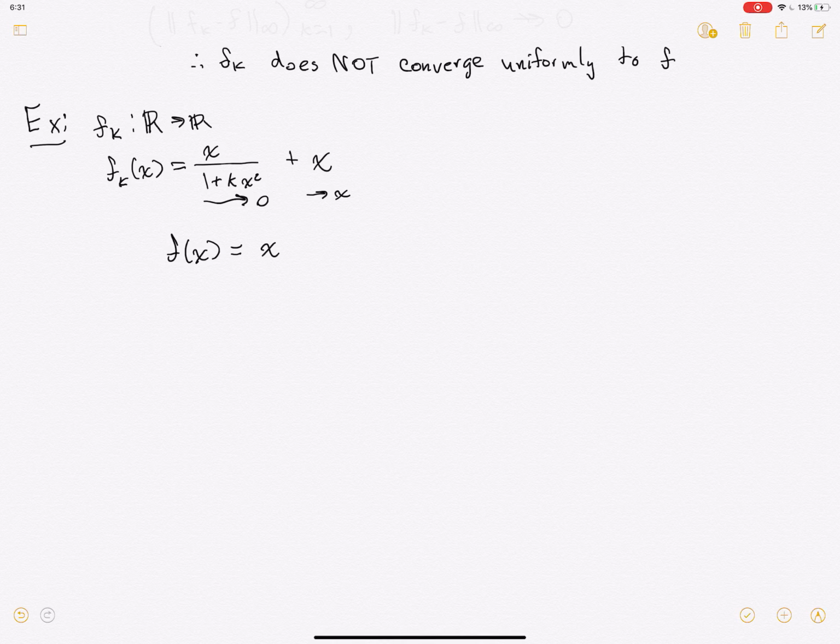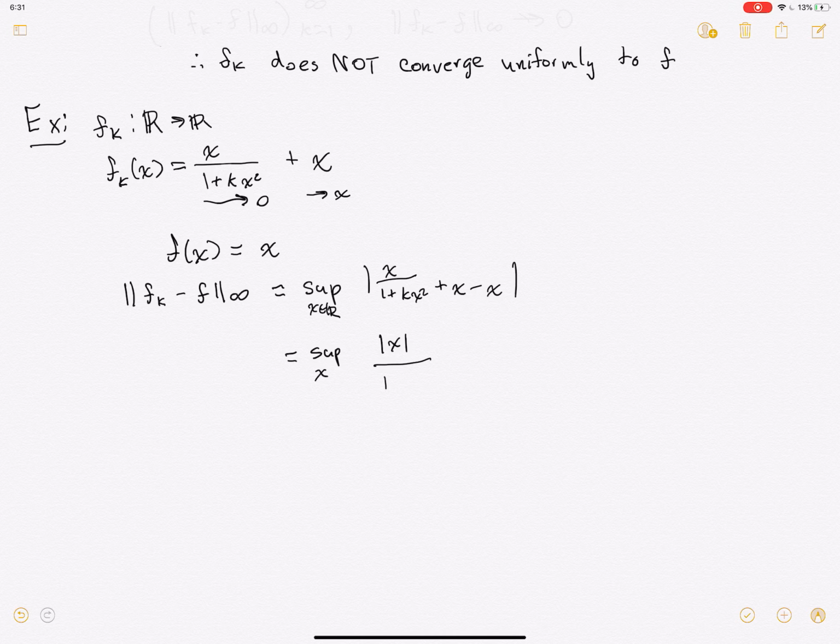And if you check for uniform convergence, we have the norm of f_k minus f equals the supremum for x in the reals of x / (1 + kx^2) + x minus x, which is just equal to this, x / (1 + kx^2).